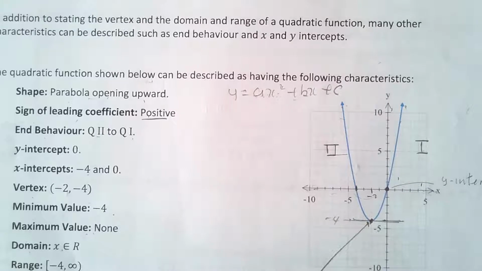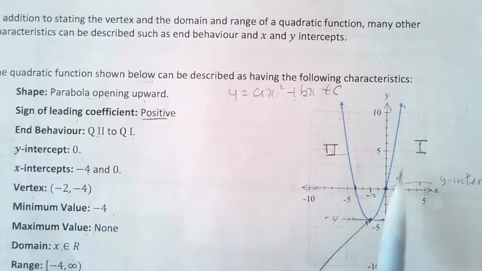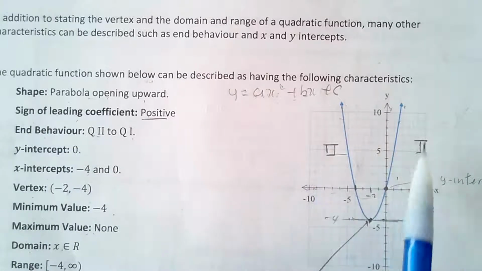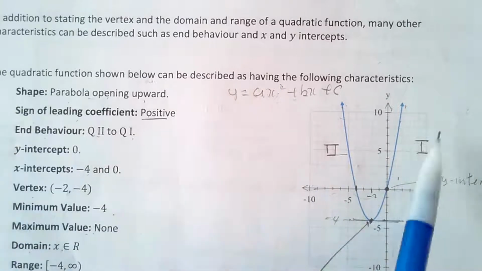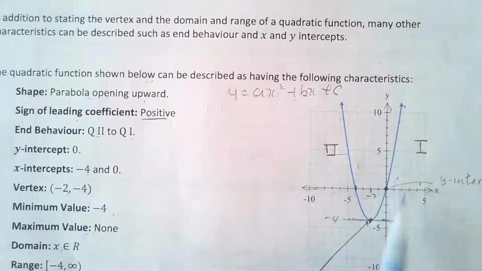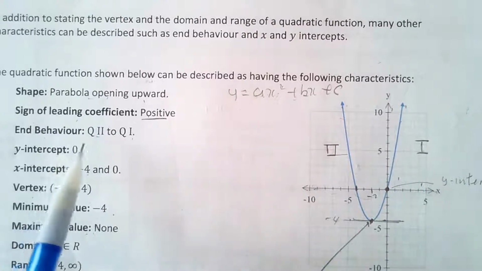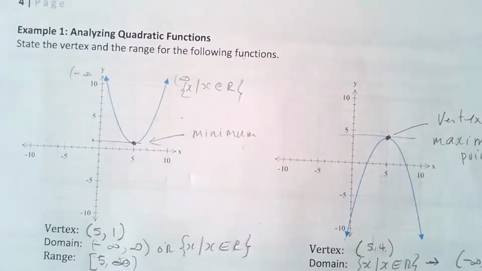And from the previous lesson, we discovered the shape is a parabola. So the graph is changing direction only once, going in the opposite direction from how it appeared. We said it could be going down, or it's going up.